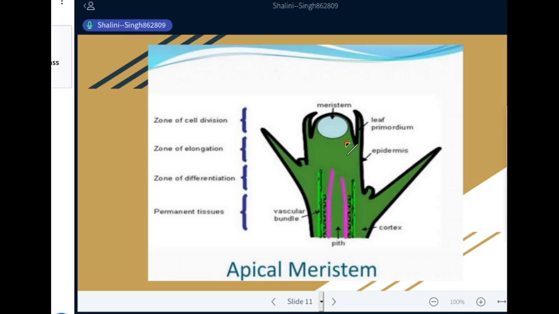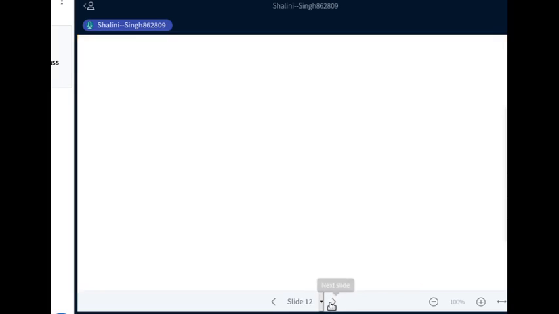It does not have any connection with the vascular tissue. So if any pathogen is present in the vascular bundle, since there is no development of vascular tissues, this pathogen will not travel to the meristematic region. Hence, this explant will be free from any pathogenic infection and it is used to raise disease-free and virus-free plants.